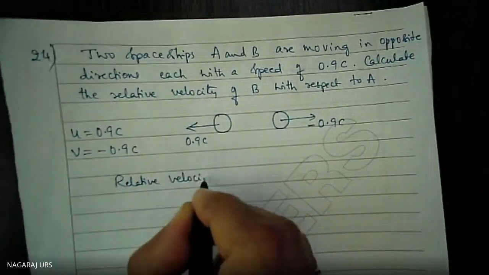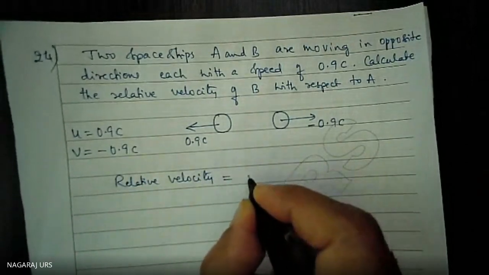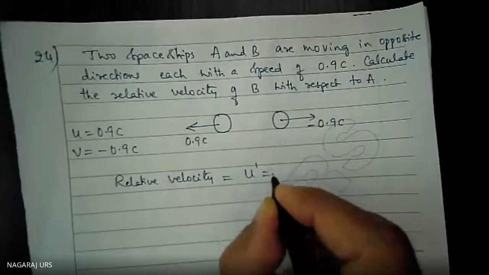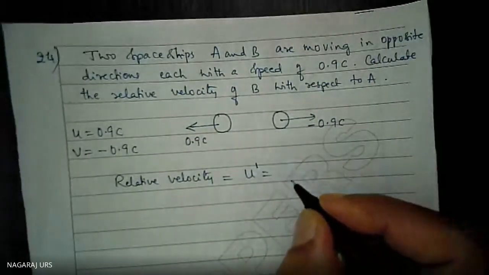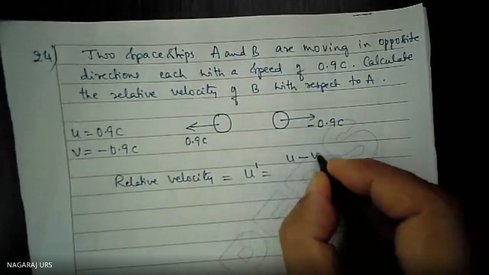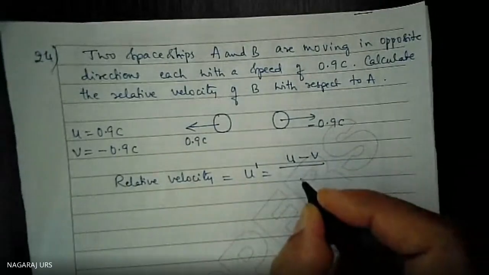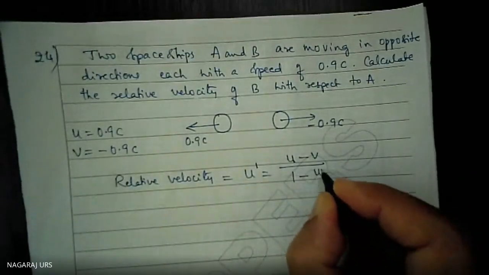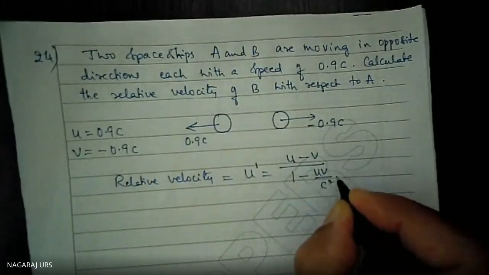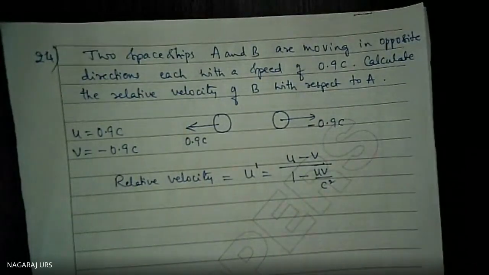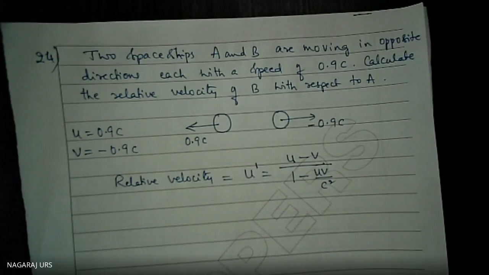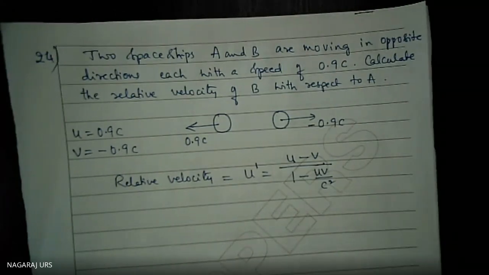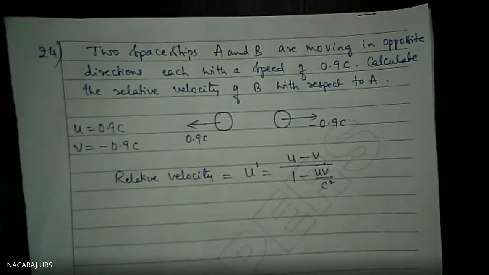Relative velocity formula, u dash is equal to u minus v divided by 1 minus uv divided by c square. Substitute and get the answer quickly. You do it. I will not do that. You are supposed to do it.